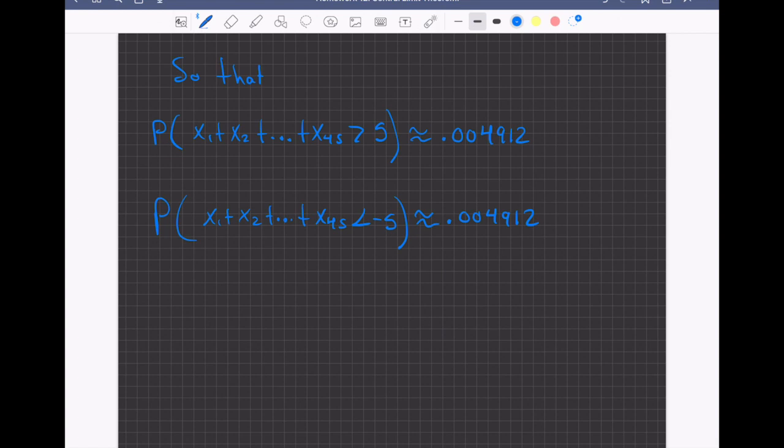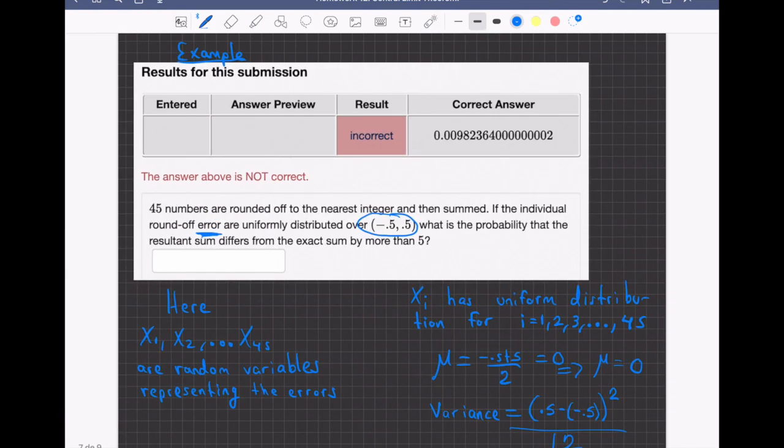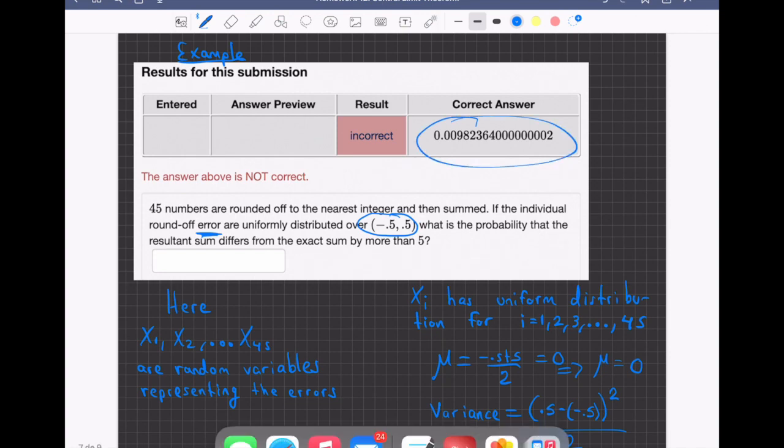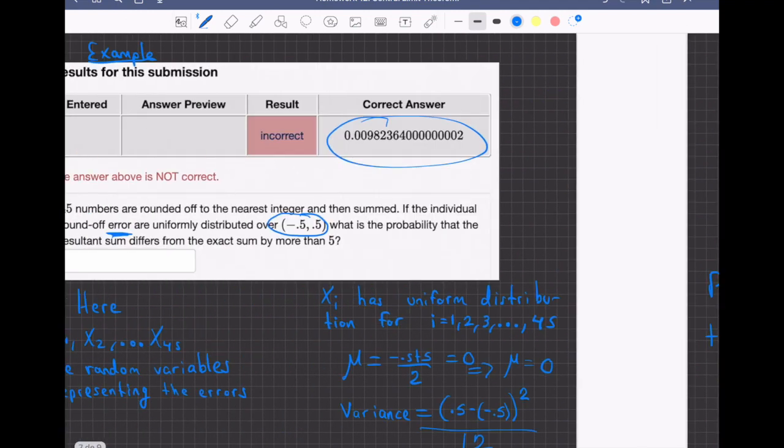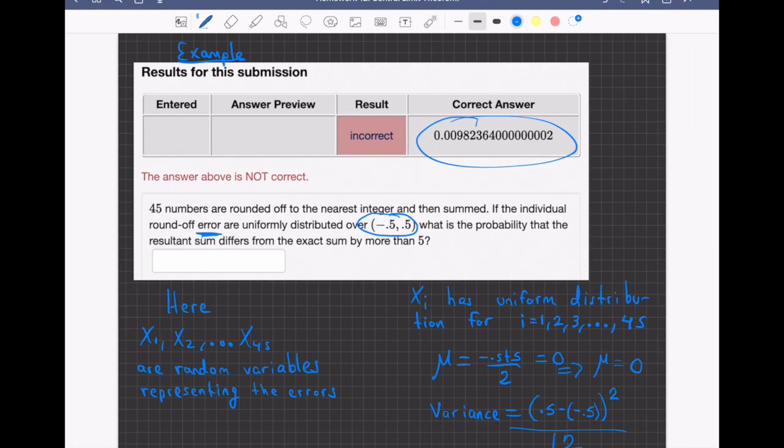So the answer is to only add the two probabilities, 0.004912 plus 0.004912. And if you do it, you will realize that the answer is the one we have here, 0.009824. Well, it's rounded up here, right? But that is the answer.